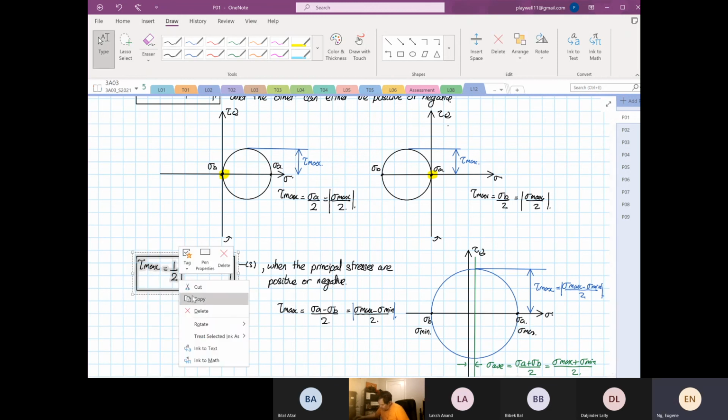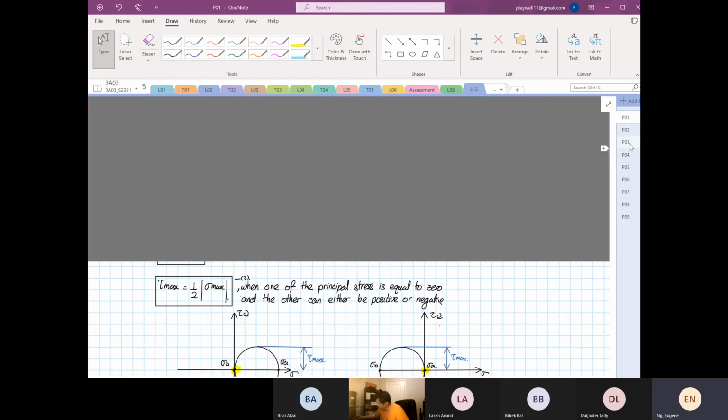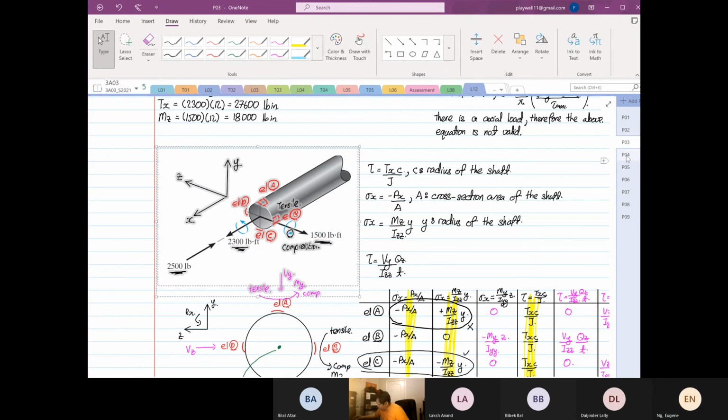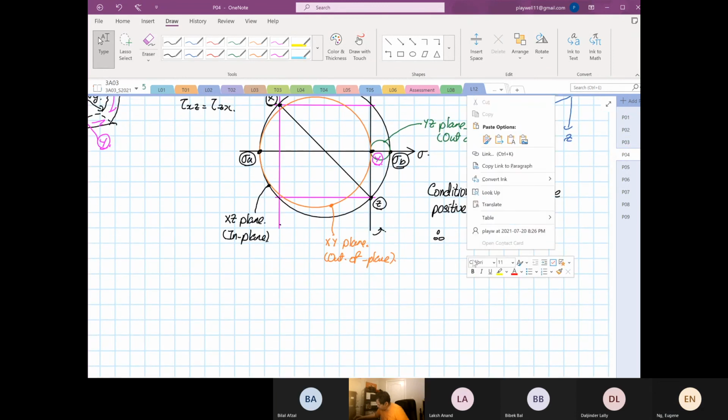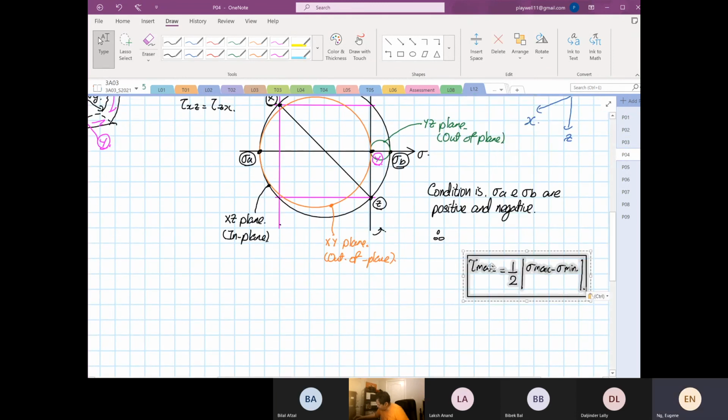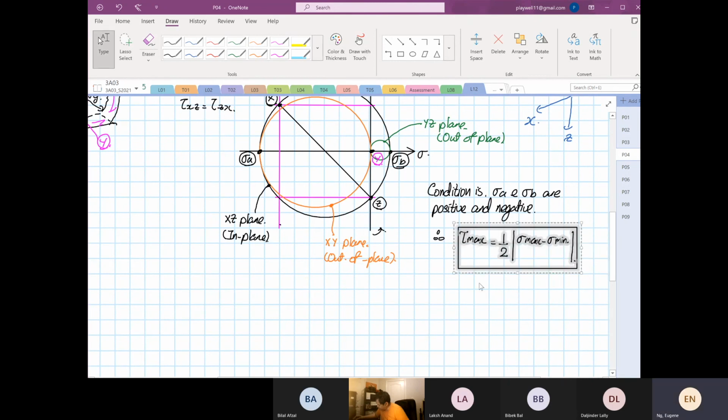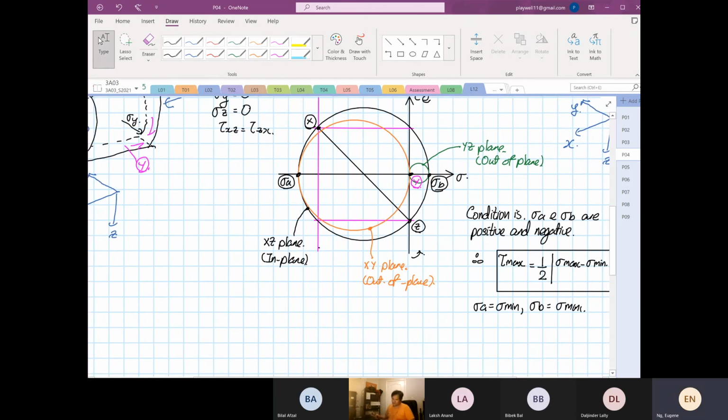You have to use that tau max is equal to half of stress max minus stress min. So you have to apply this formula. We know that stress A is equal to your stress min, and stress B is equal to your stress max.